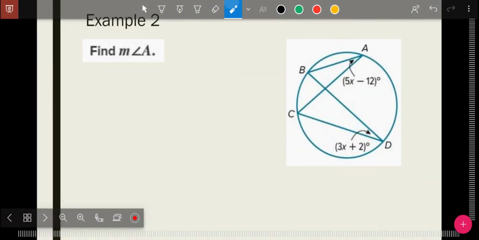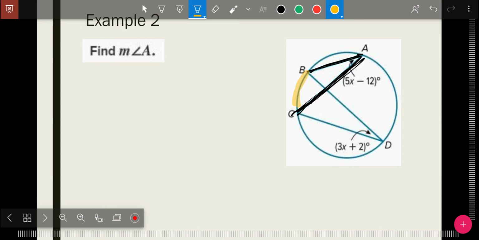Angle A is up here. Angle A opens up like that. And so angle A intercepts that arc. Now I know it's half of whatever BC is, but I don't know what BC is.